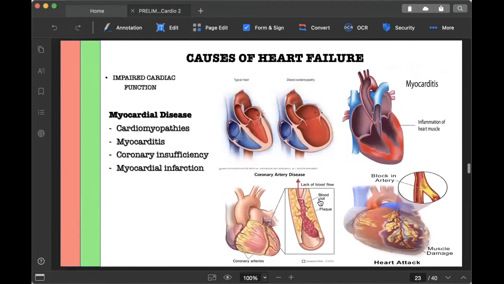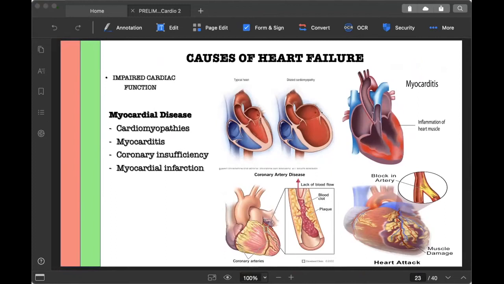Now, how about this one? The causes of heart failure. So we have cardiomyopathies, myocarditis, coronary insufficiency, and myocardial infarctions. As you can see here, this is an illustration of cardiomyopathy. What is happening here? The myopathies are actually neuromuscular disorders in which the primary symptom is muscular weakness due to the dysfunction of your muscle fiber.